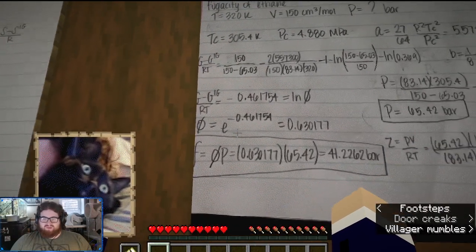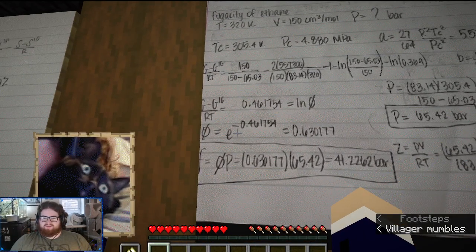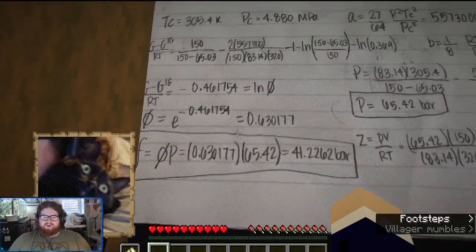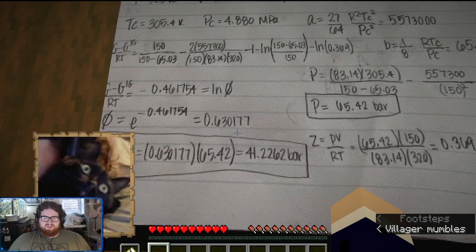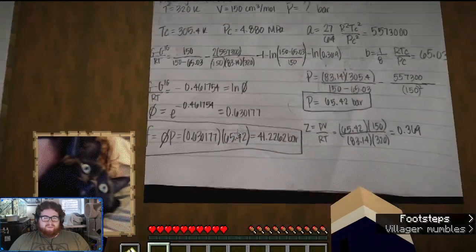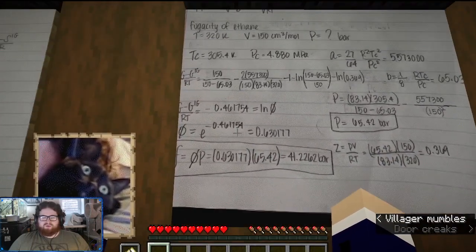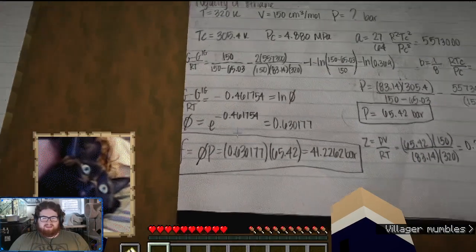So phi is equal to e to the negative 0.461754, which is equal to 0.630177.